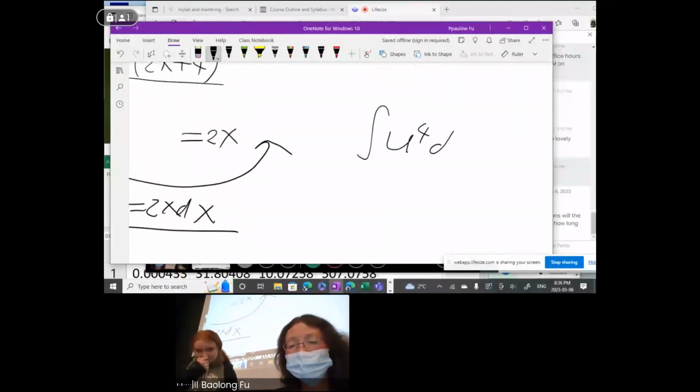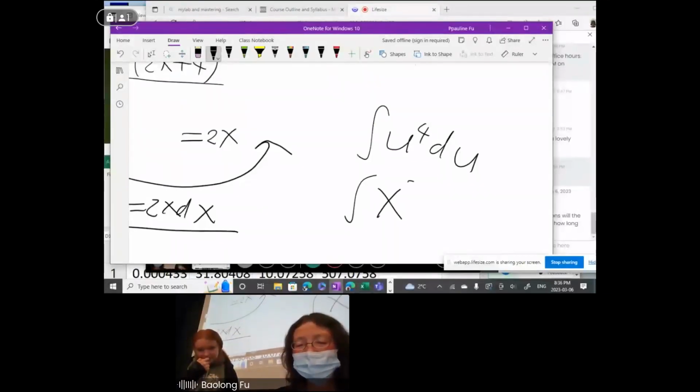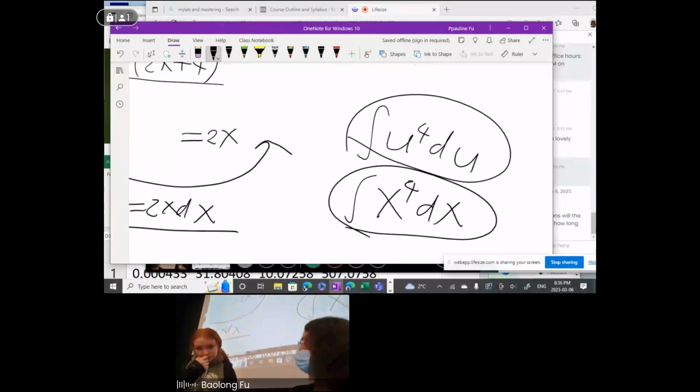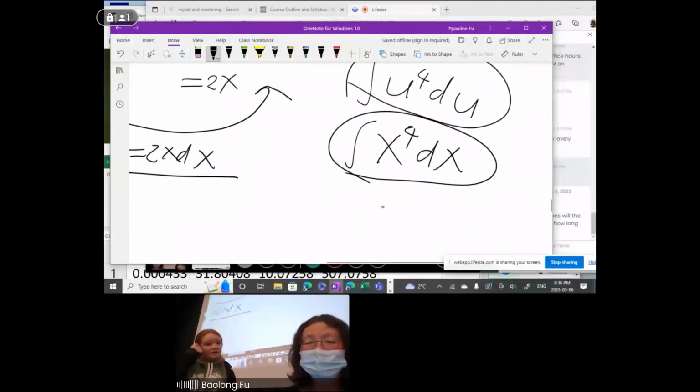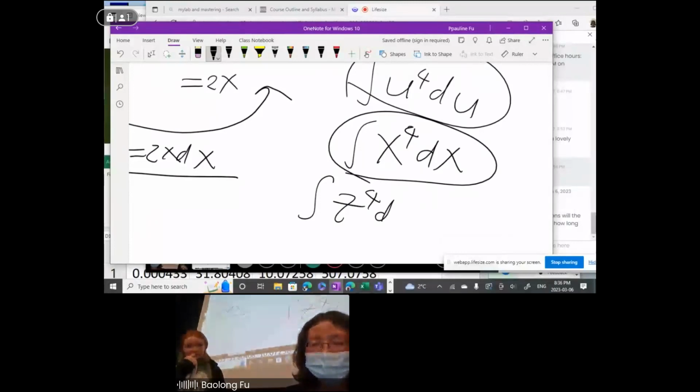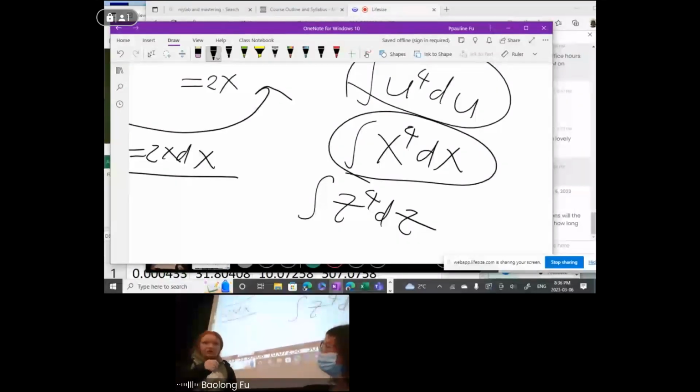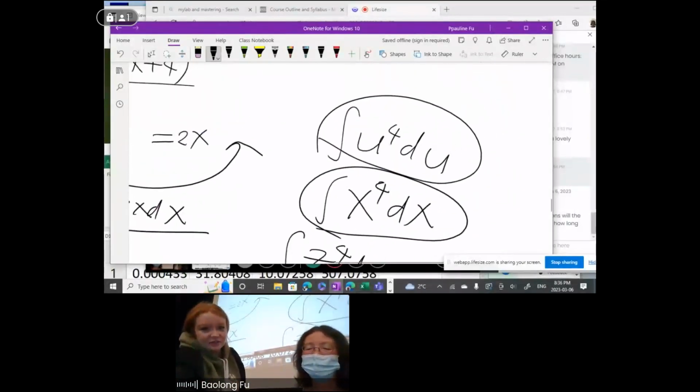If you have this, it is the same as if you have this. It's x, just with a different letter. So the derivative of x is always 1. I can even write something like z for dz. Same thing, different letters. So if these two are the same, then the derivative would just be 1.